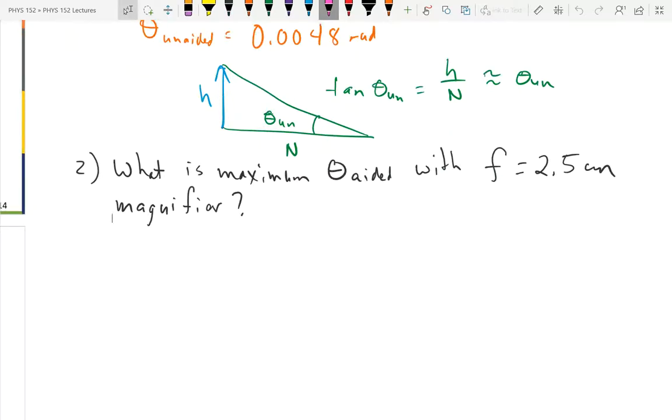You do inverse tangent of 0.12 over 2.5.